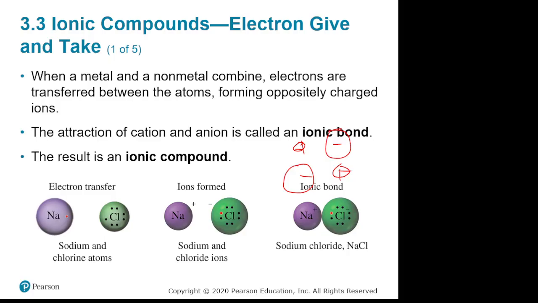If you break that up, you still have the same sort of ratio going on, just positive, negative over and over and over. So that is an ionic bond. Please don't get confused between ionic bond and ionic compound. So a compound made of repeated units of those ions.